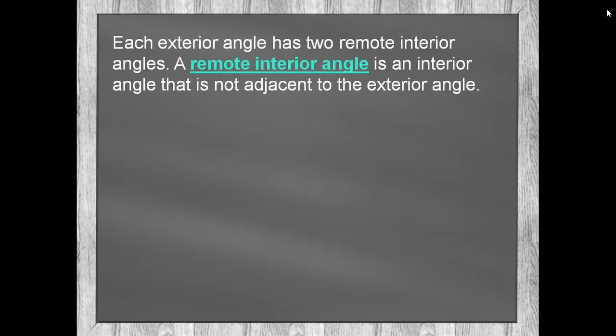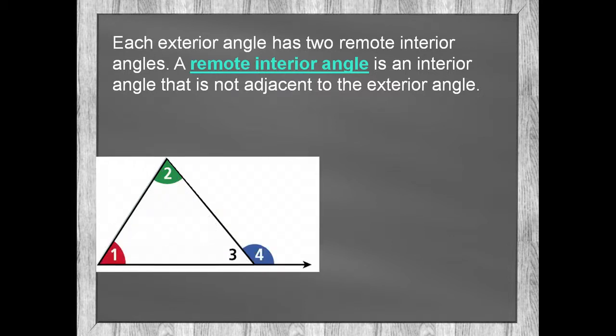Each exterior angle has two remote interior angles. A remote interior angle is an interior angle that is not adjacent to the exterior angle. Looking at our picture, angle 4 is our exterior angle.